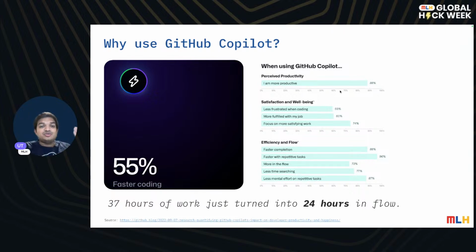Why should you use it? Because people say that when they use GitHub Copilot, they feel their productivity increases. They are less frustrated because GitHub Copilot helps them find solutions to the problems they're facing, explain a difficult piece of code, or even help them create pieces of code which could be monotonous sometimes.